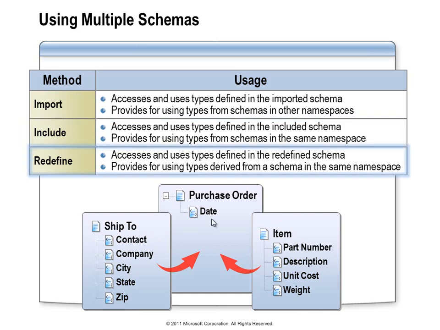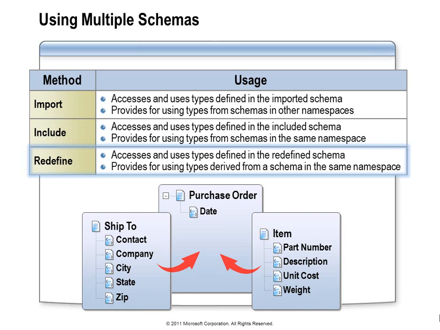And then the third option is, you might want to reference another schema, but you don't want to use the type definitions exactly as is. Perhaps you want to add some additional constraints on a type. For example, that schema might define an element that simply has a data type of string, a customer name, for example, but you want to specify that the customer name must be no more than 40 characters.